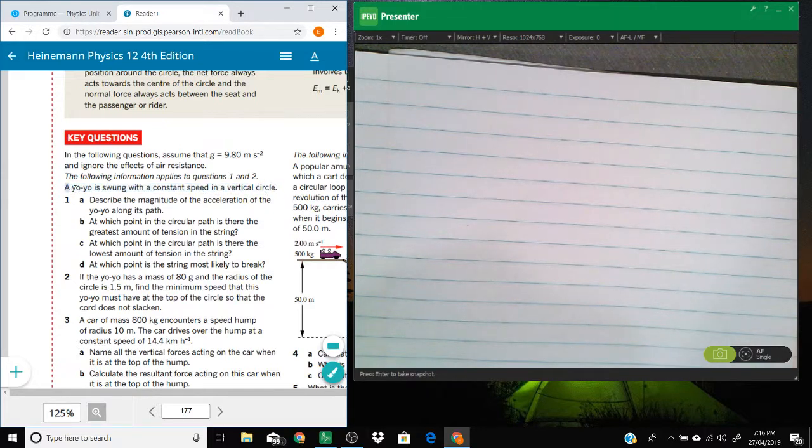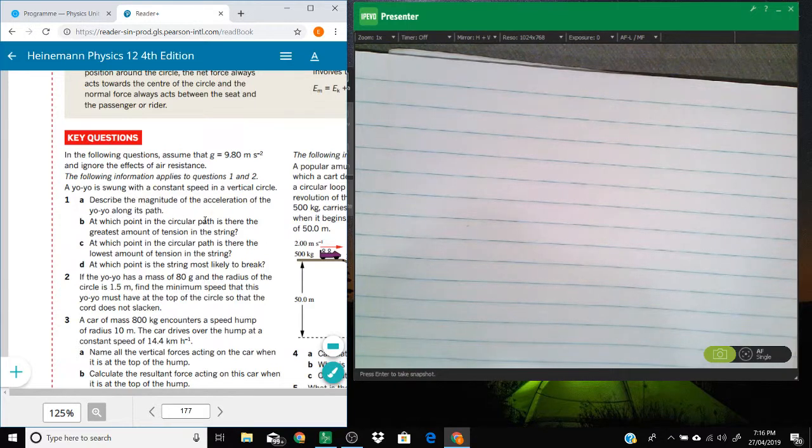So we're not thinking. Okay, I made that clear. Well, the magnitude of acceleration, the net acceleration will be, it's a constant speed, so it's in a vertical circle. So the net acceleration will be pointing towards the center of the circle and constant.